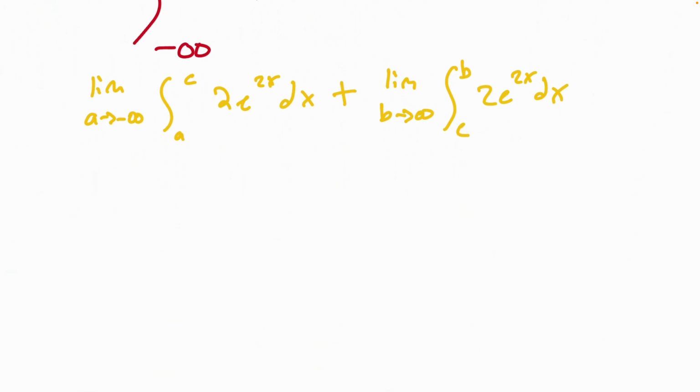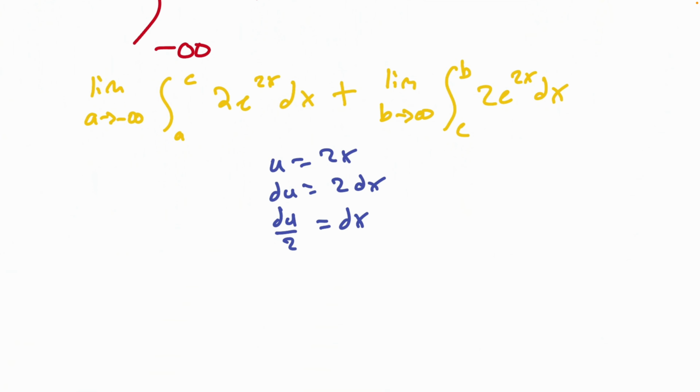It's not quite super straightforward, although if you've done enough e integrals, you might be able to see the integration of this without using substitution. But I'm going to go ahead and use u substitution to show you this. So I'm going to let u be 2x. The derivative of u is 2 dx, and if I solve for dx, I get du over 2.